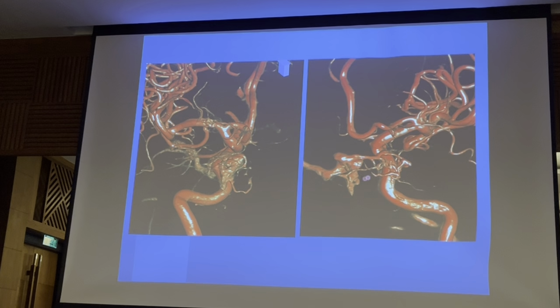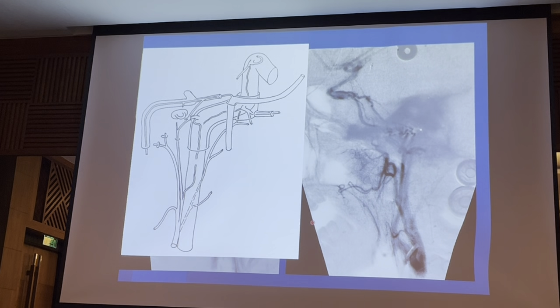You can see these anastomotic channels behind the clivus, between the medial and lateral clival branches and the contralateral side anastomosis. Okay? So this is again clival branch anastomosis.